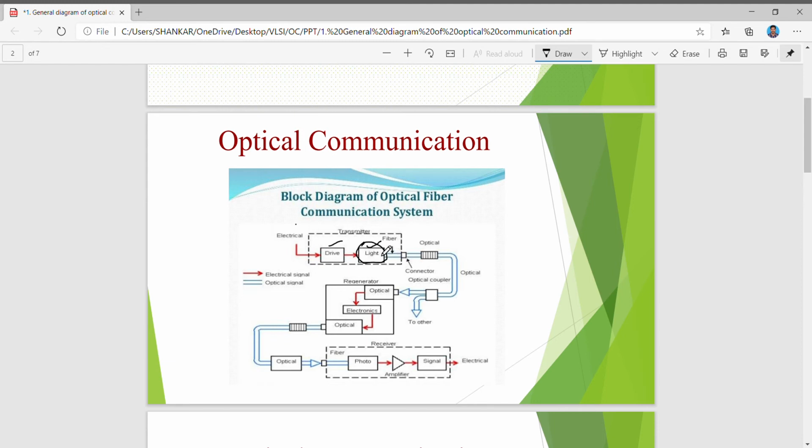Simply, it means whatever electrical signal you have will be modulated by the drive circuit and then applied to the light source here.